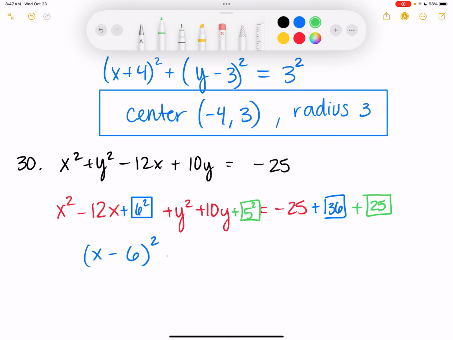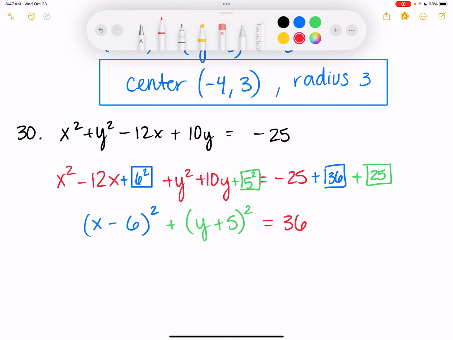And then what about the one for y? y plus, yep, y plus 5 squared. And that's equal to negative 25 plus 25, that goes away, so 36. So, can I rewrite this as something squared so that it can be in radius form? What would that be? 6 squared. Yep. So I'll have x minus 6 squared plus y plus 5 squared equals 6 squared.